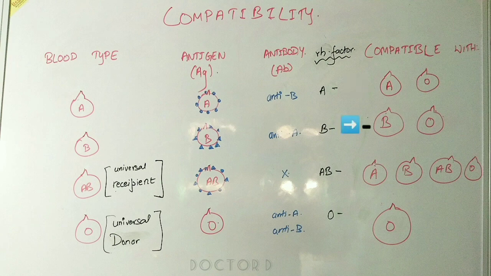A person with B negative is only compatible with B negative and O negative. Similarly, a person with AB negative is only compatible with A negative, B negative, AB negative, and O negative, whereas O negative is only compatible with O negative.